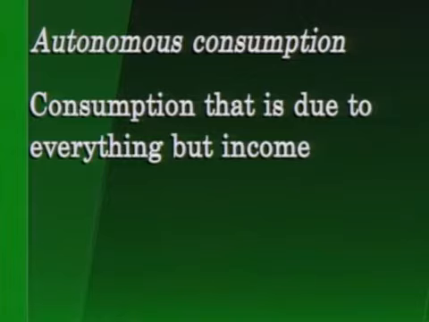In fact, we could consider a whole set of factors that influence consumption. But since we are attempting to build a model that explains the determination of income, let's keep this variable by itself and squash together everything else. This everything else is called autonomous consumption, or we see it as CA. Autonomous consumption is consumption that's due to everything but income.